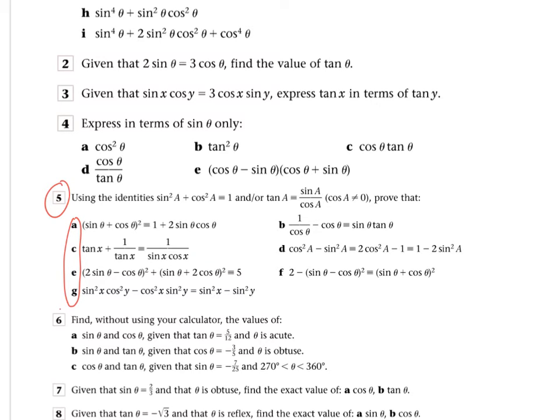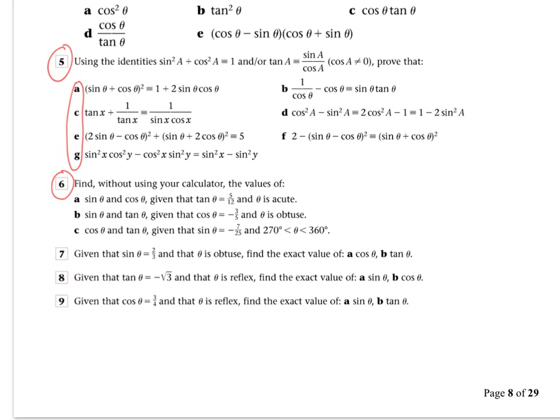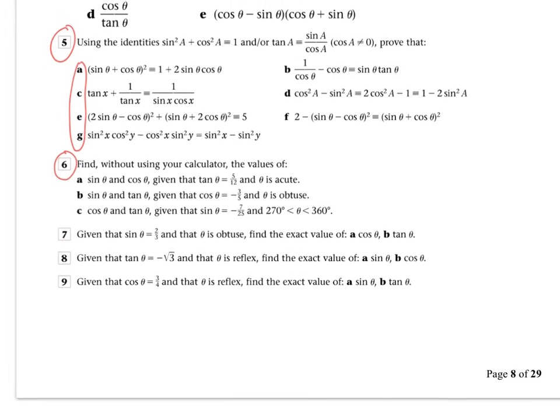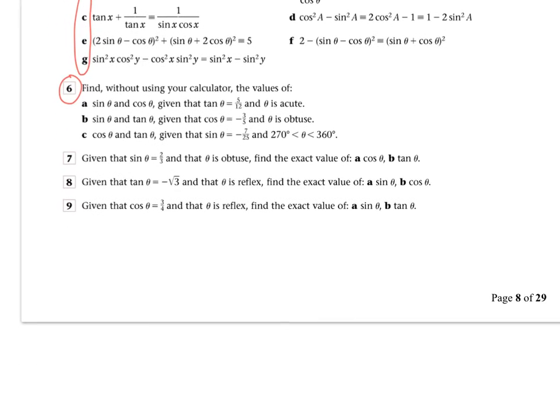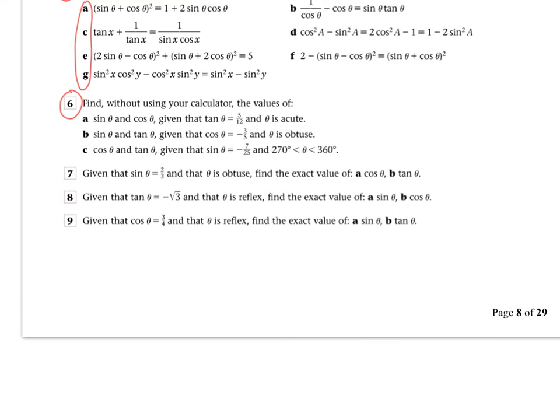And then question 6. That's the absolute bare minimum for this exercise. It does go on to question 10 as well. You could give that a go. If you spend 10-15 minutes on that, pause the video, try those questions, and then I will reveal the answers.